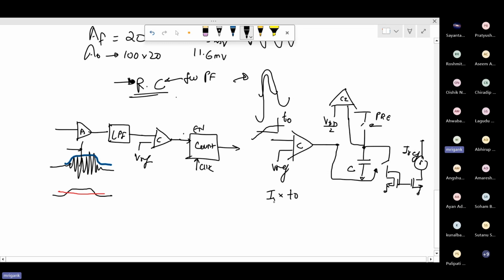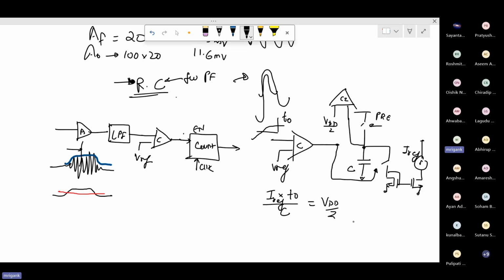I ref times T naught is the net charge, so I ref times T naught divided by C is the net voltage developed. Initially this is VDD, and the net voltage change in this duration should be VDD by 2. That is the relation between T naught, C and I ref.